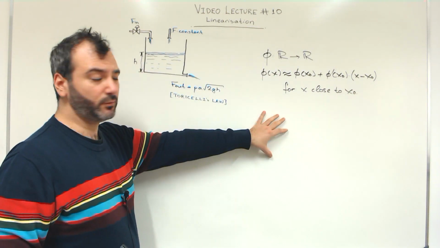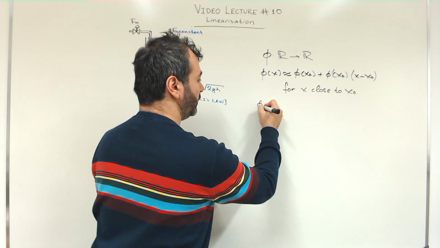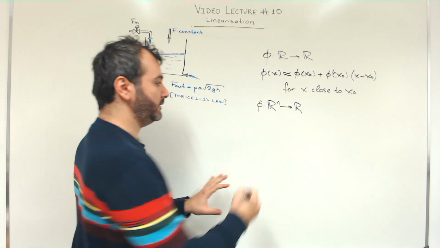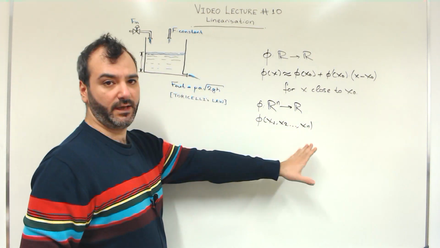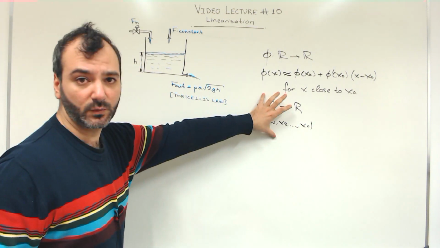And the question we will deal with in this lecture is what happens if we have functions of this form from Rn to R, for example, functions of n variables.